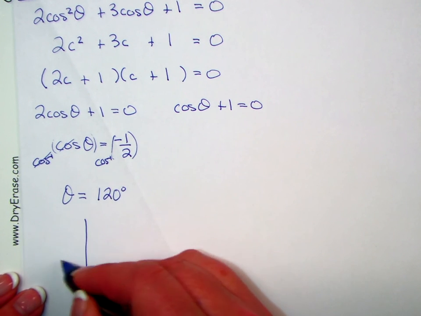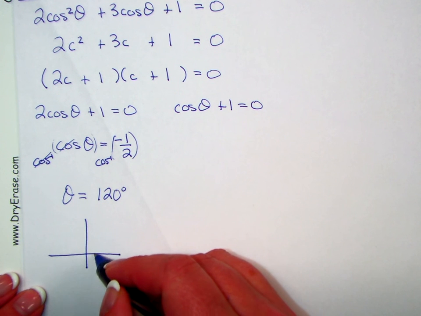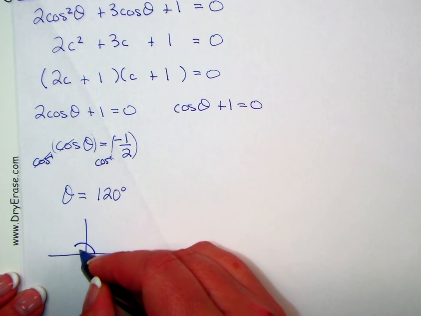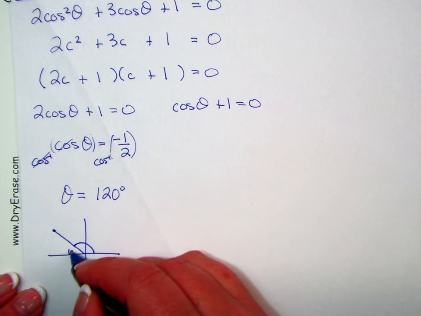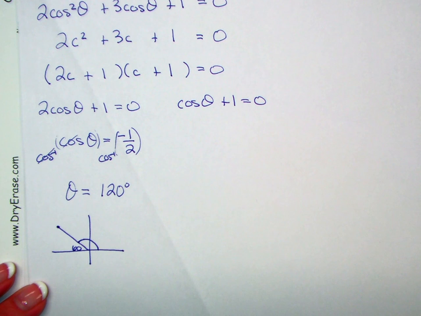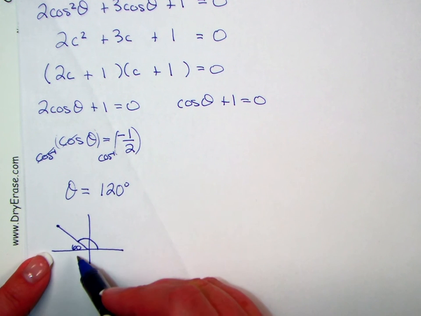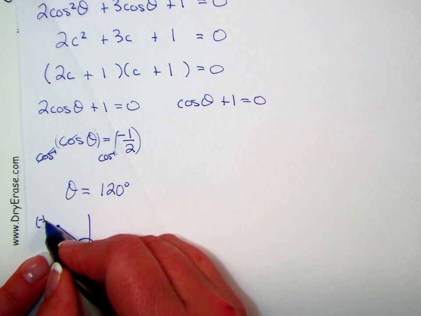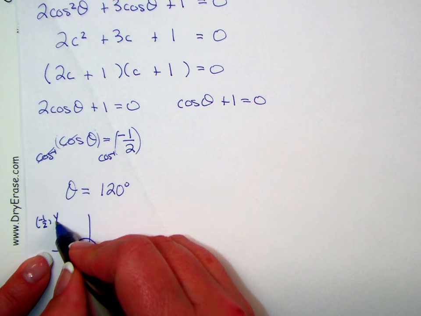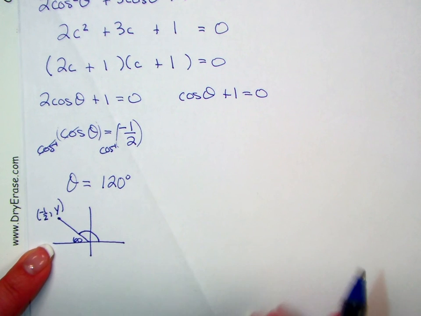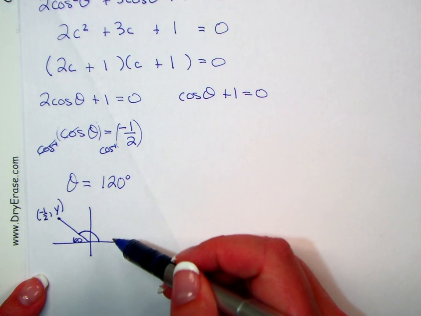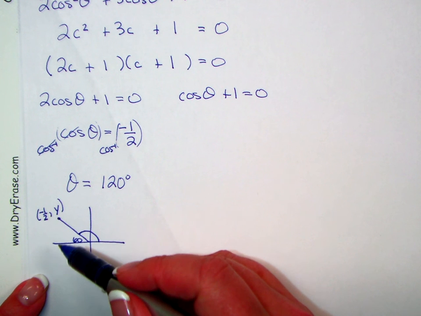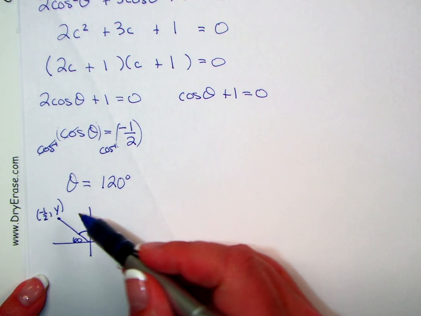So going on the unit circle, 120 degrees, okay, is 60 degrees shy of the 180 degree mark. And this is where the cosine is negative 1/2. Okay, and it doesn't matter what the y is. I just want the x value to be negative 1/2. Right? So where else on the unit circle do I get an x value of negative 1/2?